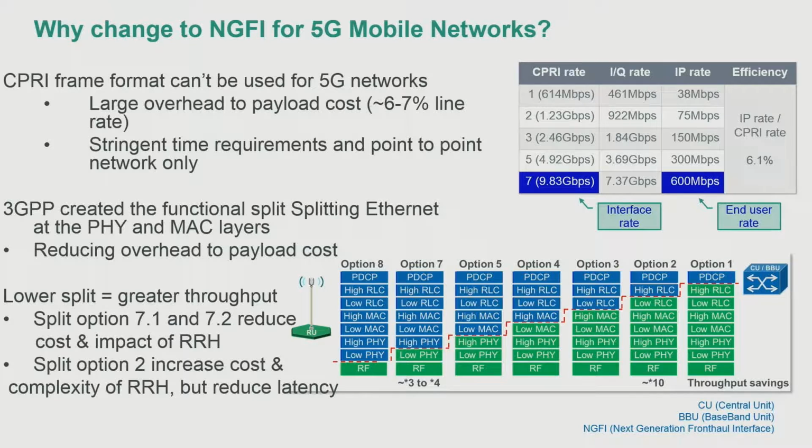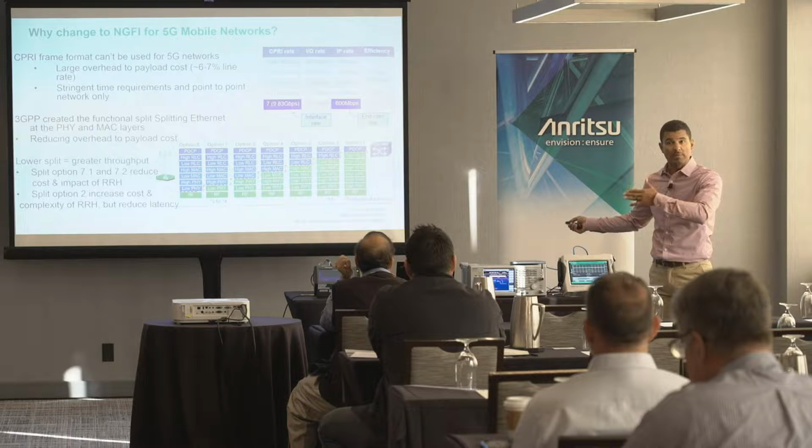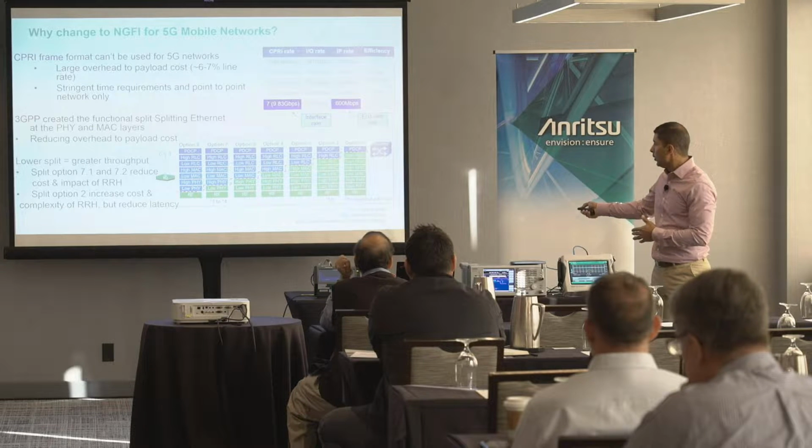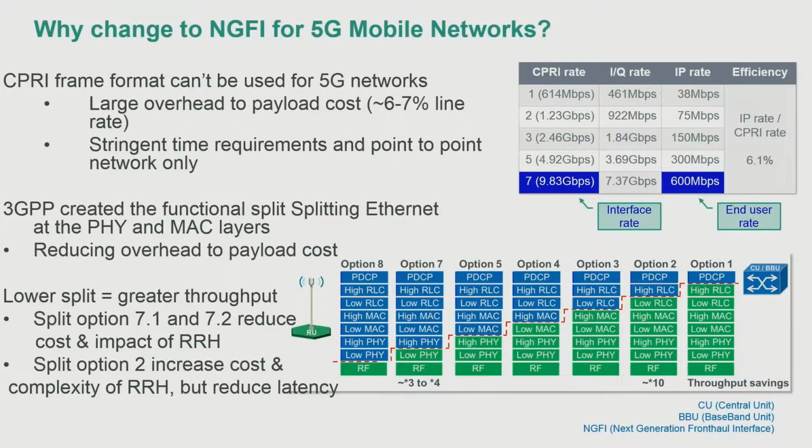So what do I mean by that? You see on the bottom here with these options, the higher the option, the more that's being done at the baseband unit, or away from the radio. The lower the option, the more amount in green you'll see that's being done in the radio unit.